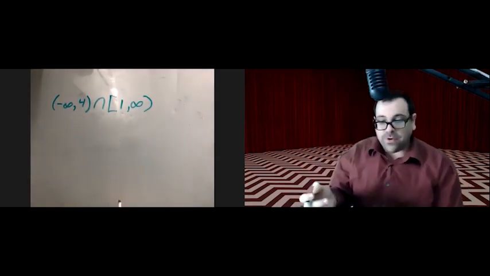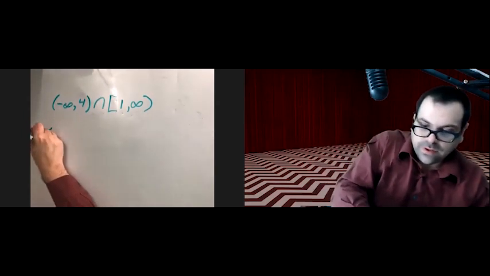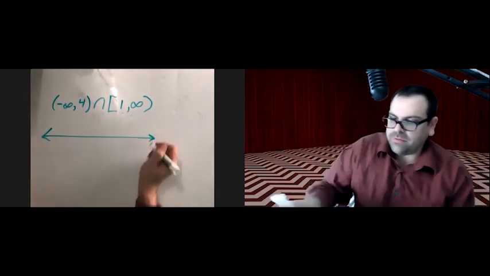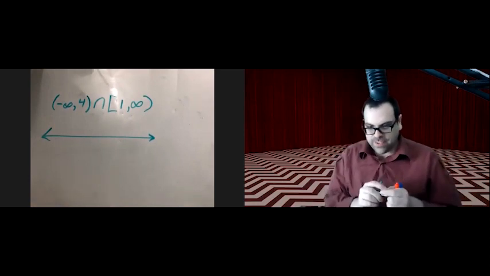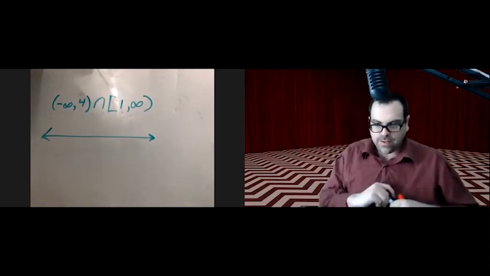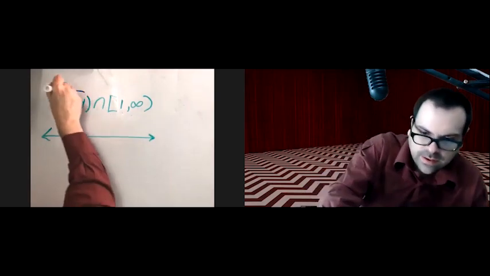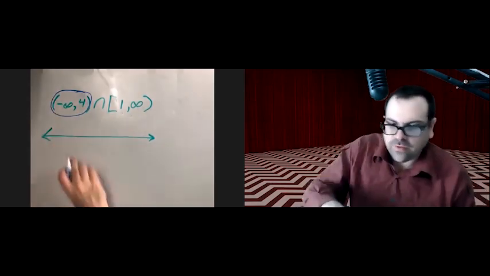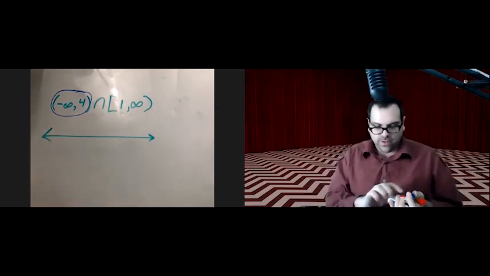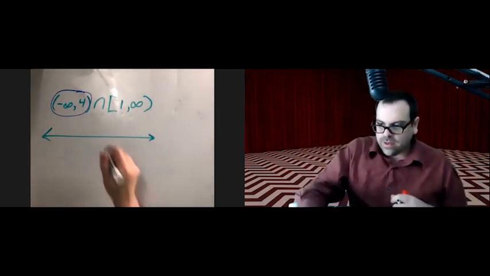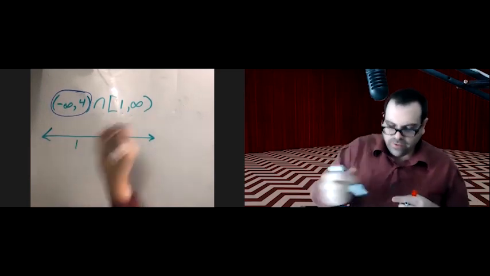So what I would do, just like before, we're going to go ahead and look at both of these. The interval from negative infinity to 4, we're going to need 4. And we're going to need 1 for the other one.